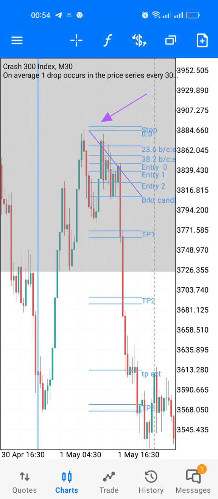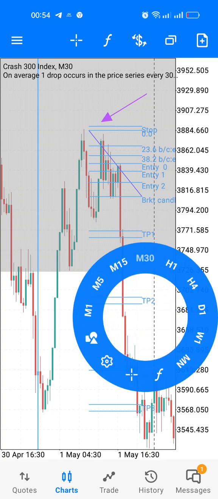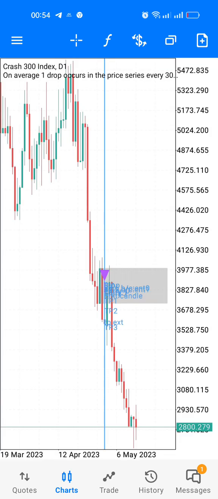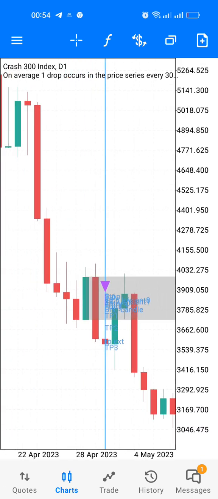So it is that simple. Just identify a D1 base, and then all we can do is allow the market to do the job for you after you identify CB1 at 30 minutes. That's how I would trade Crash 300 or Boom 300. D1 base, 30-minute CB1.